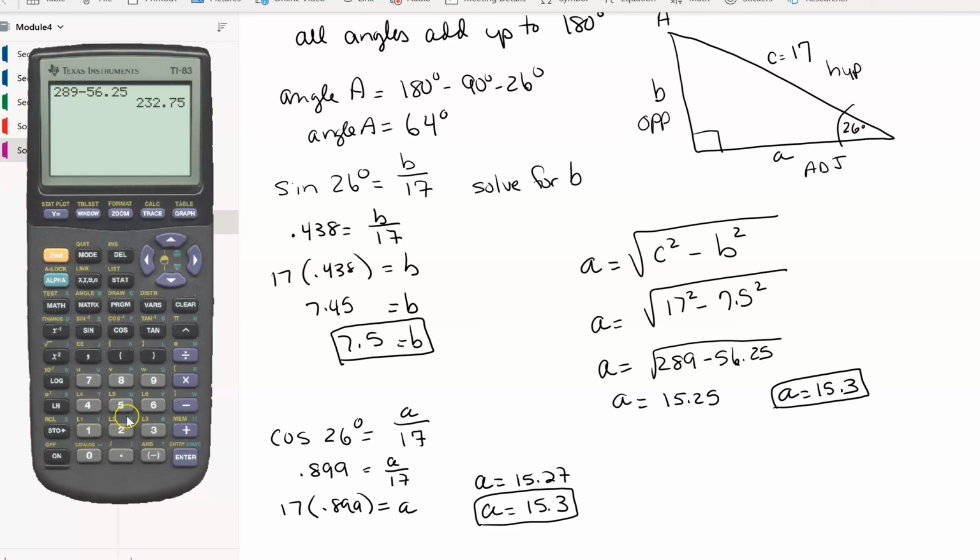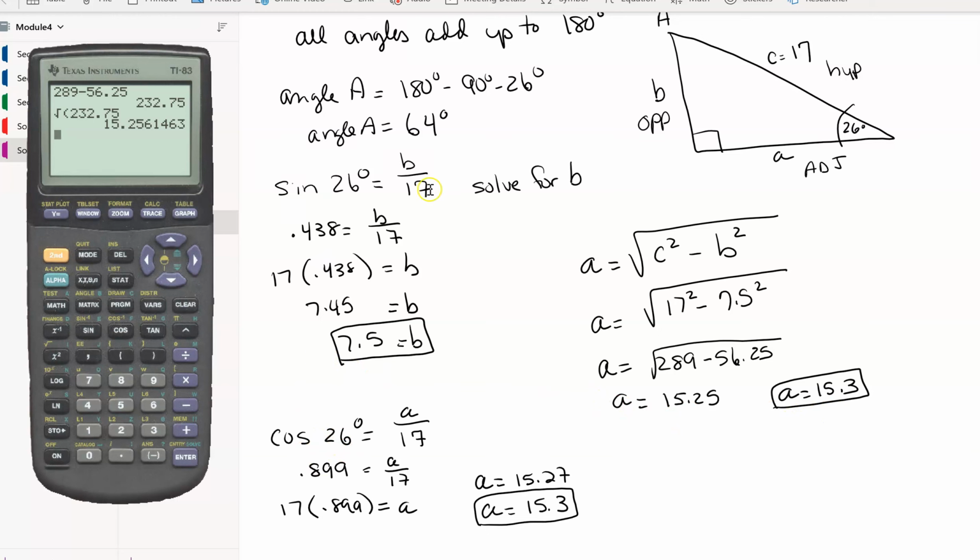I get 232.75. So now I take the square root of that, and that gives me 15.256. I'm rounding to one place. The next number over is 5 or more, so I make this a 15.3. So A is 15.3.